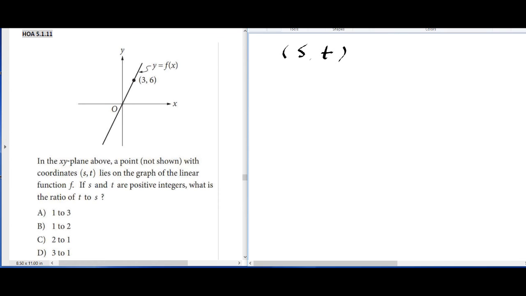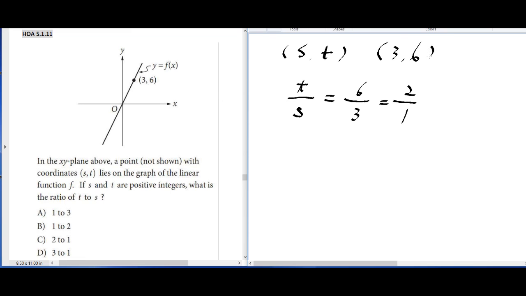This line passes through s comma t, right? And then they ask what is the ratio t over s? Yes. I said this is a direct variation. So s, t also passes through 3, 6, right? Which means 6 over 3. This one is 2 to 1. See?